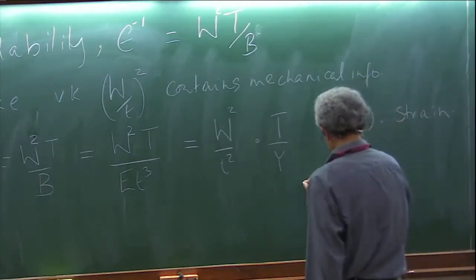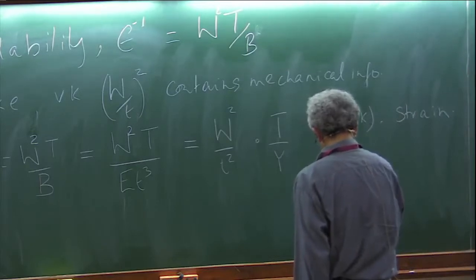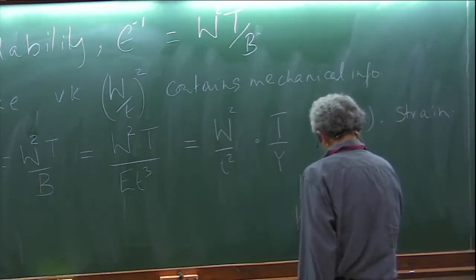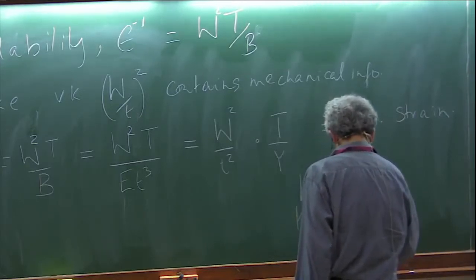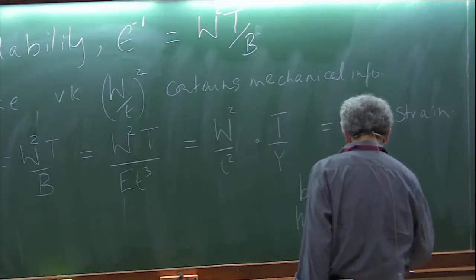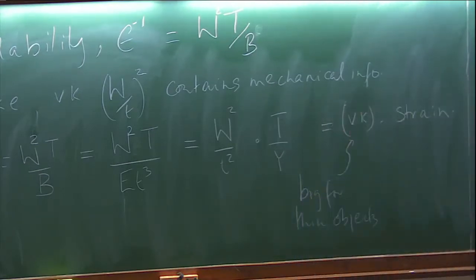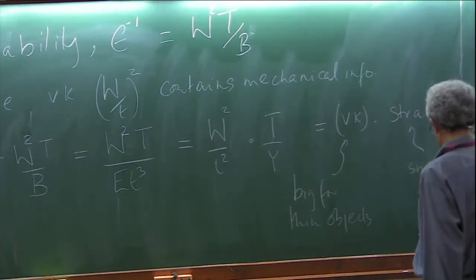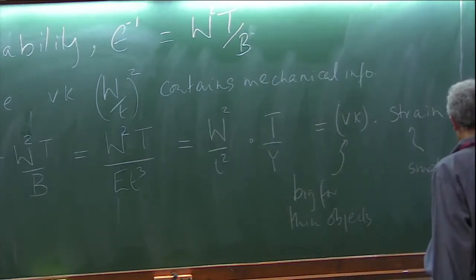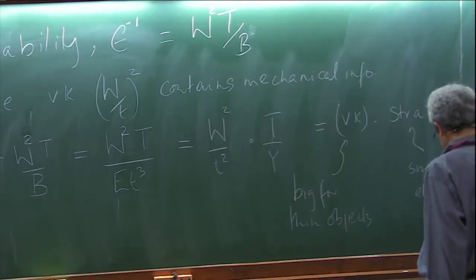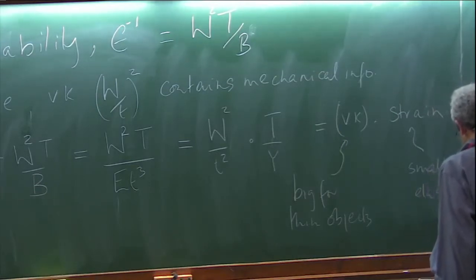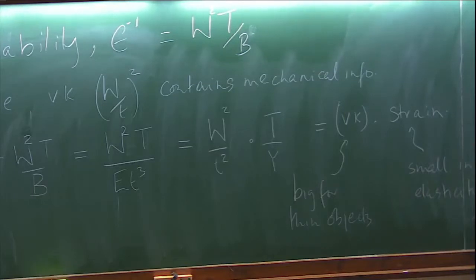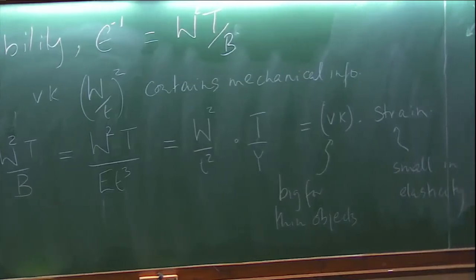This number is big for thin objects. It's the very definition of thin almost. This is small, typically in elasticity. So you can be a thin plate and you can have very large bendability or not very large bendability.